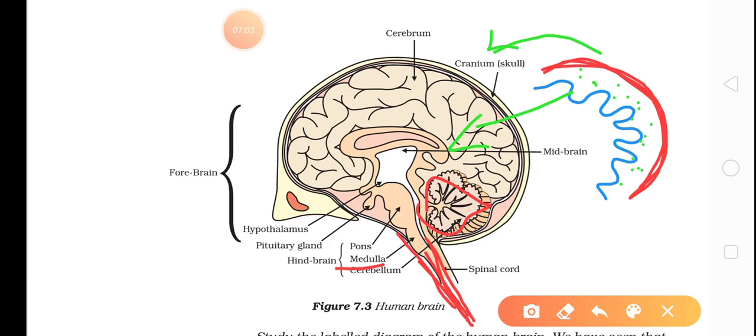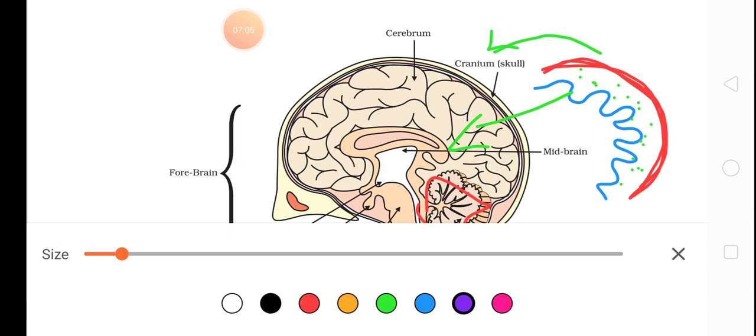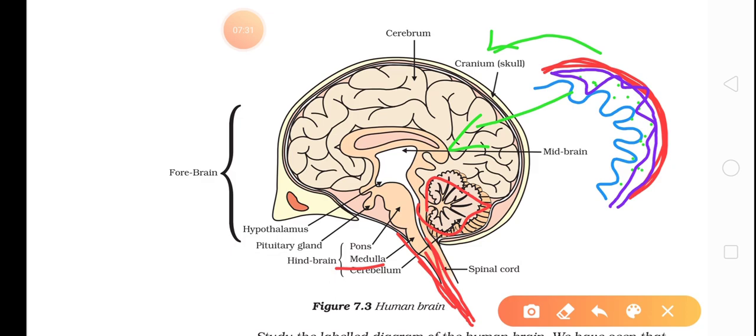Along with that, we have some layers of tissues also that join the cranium with your cerebrum. So between them we have a fluid as well as some tissues. I'll show you one more diagram. Let's see that.